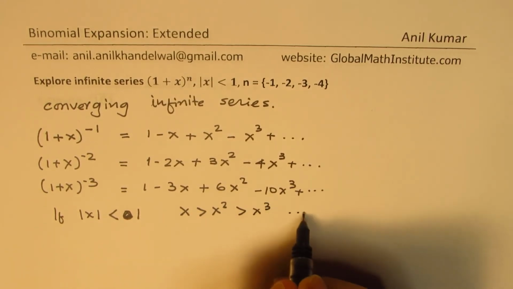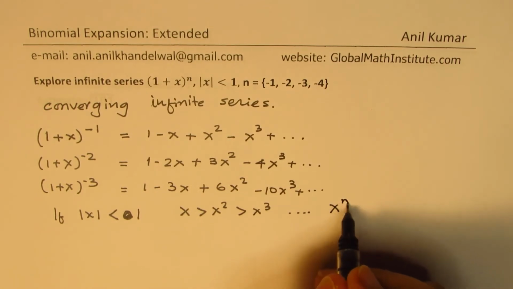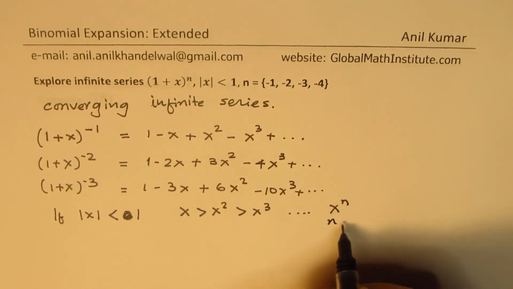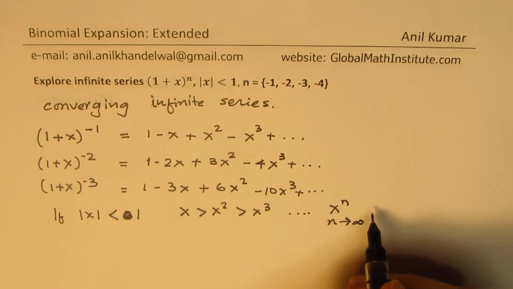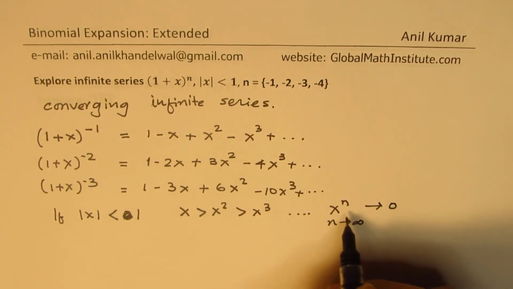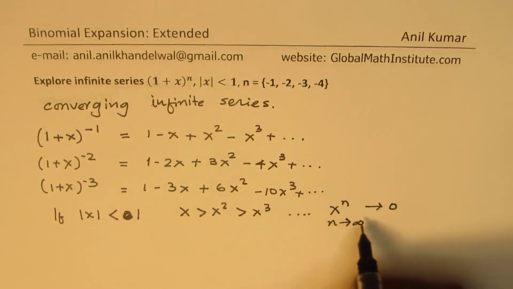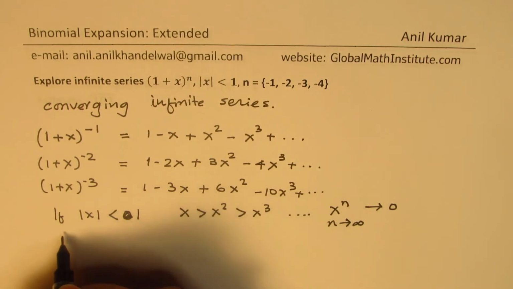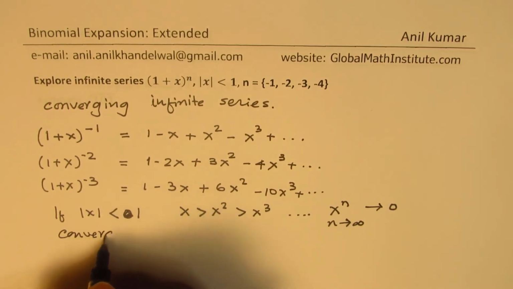And we also see that x to the power of n, as n approaches infinity, approaches 0. So it becomes lower and lower in value. So we have a converging series. You understand now, right?